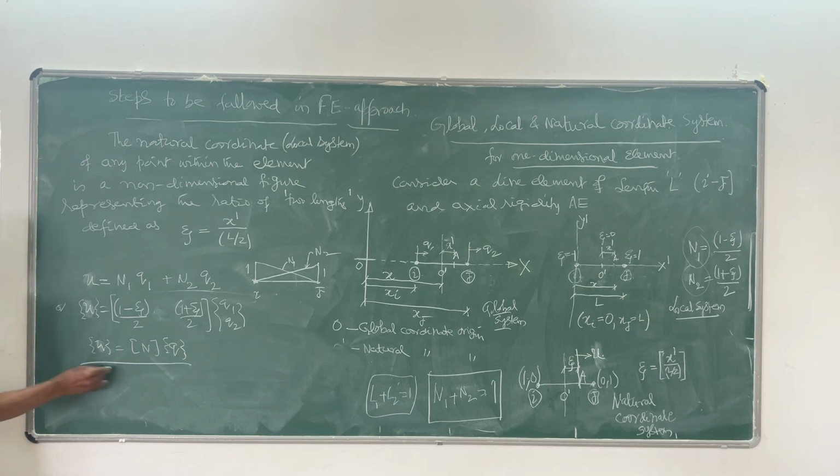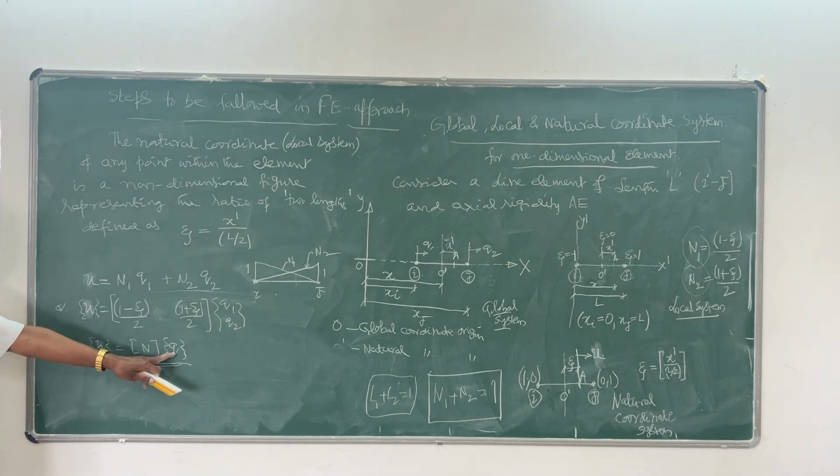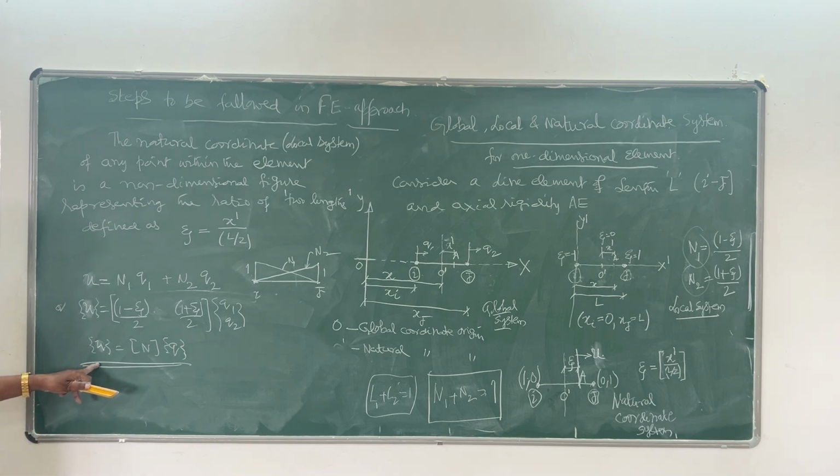You know the displacement model in this fashion, expressed in terms of a known nodal displacement through shape function. You can find strain, which is the derivative of this, right? Derivative of this means it is only the derivative of the shape function.